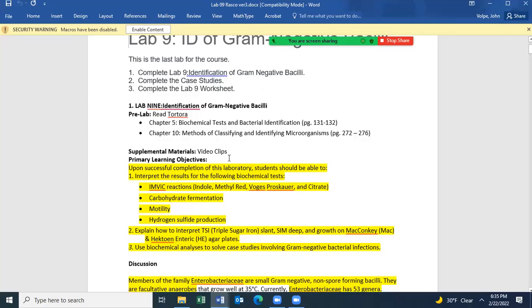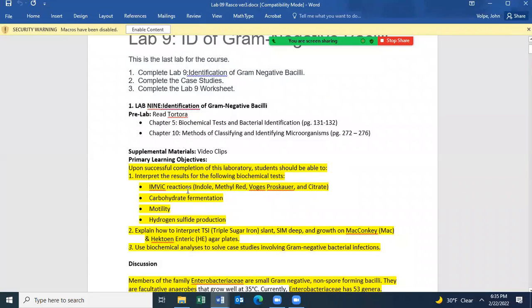There will be some video clips in the lab. Your learning objectives. Once you do this material, you should be able to interpret the results for the following biochemical tests. The IMViC test, and IMViC stands for the indole, methyl-red, Voges-Proskauer, and the citrate test.